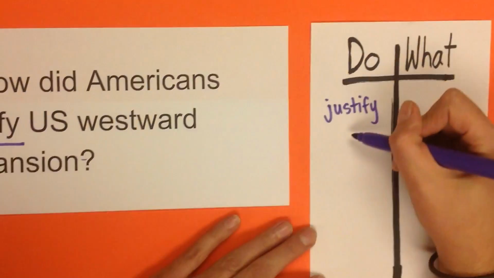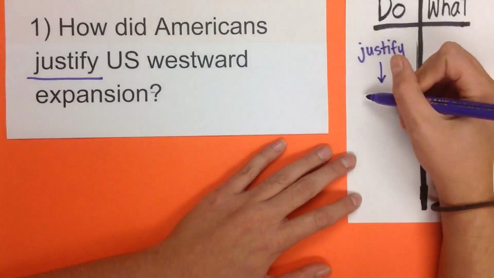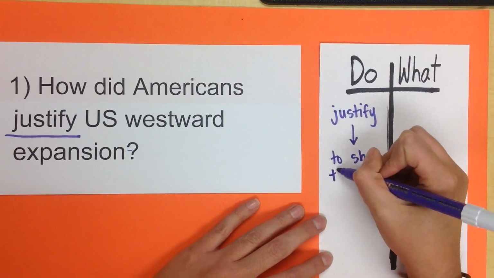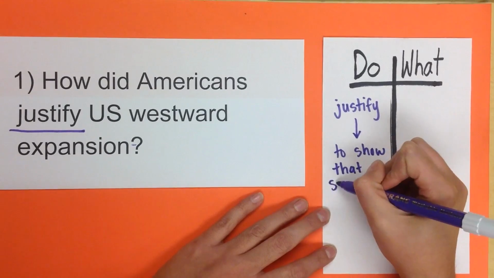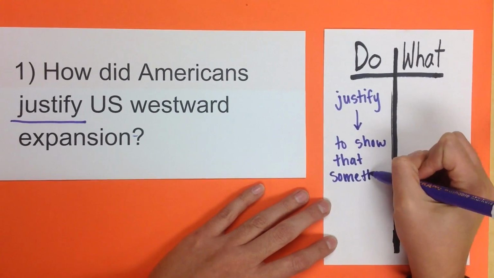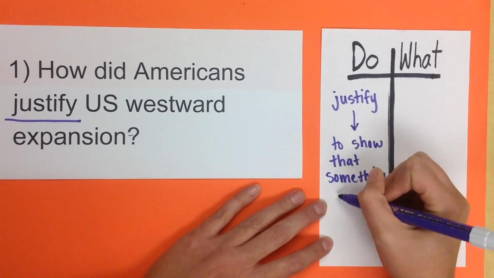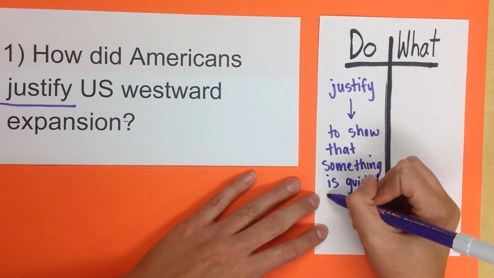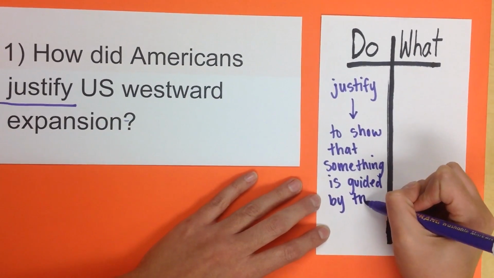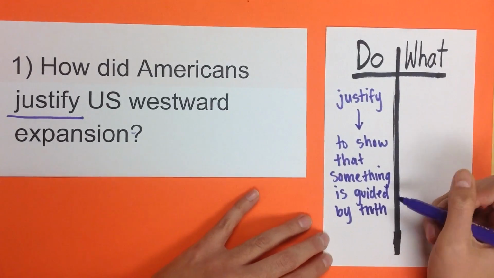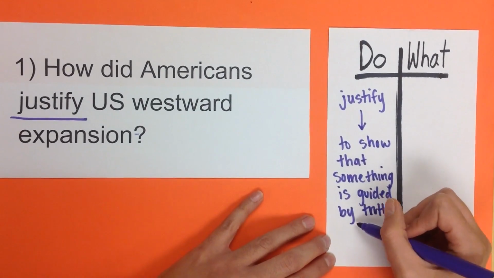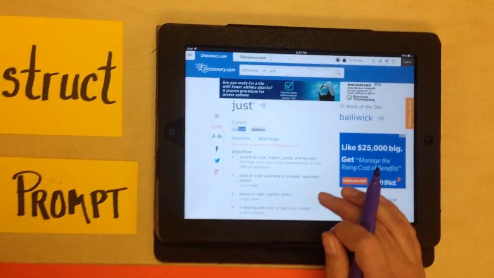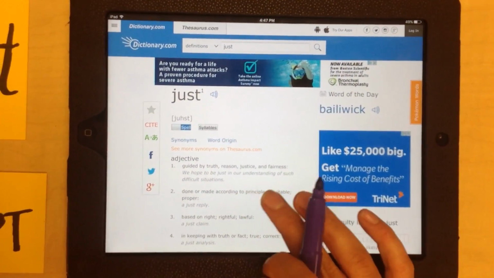Let's go back to our T-chart. So justify would mean to show that something is guided by truth, and looking back at my definition, and reason, justice, fairness.